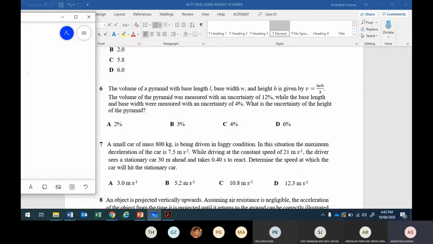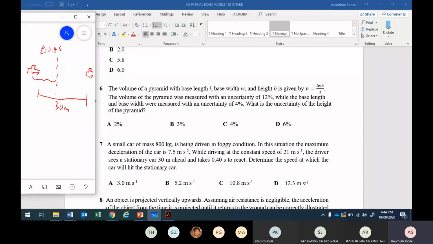Okay, so the car is here, and without applying brake, maybe another car is here. From here to here is 30 meter. You only press the brake after 0.4 second.